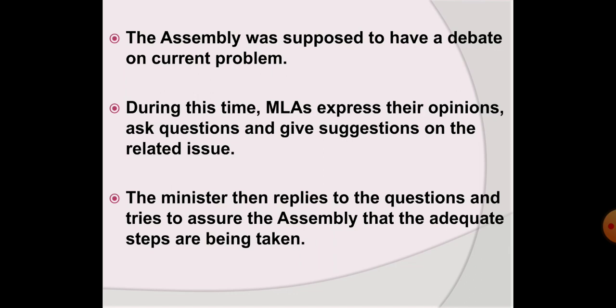The other MLAs can also respond if they wish so. Then the minister of the department to which the problem is related gives answers to the questions and tries to convince the assembly that adequate measures and steps are being taken.